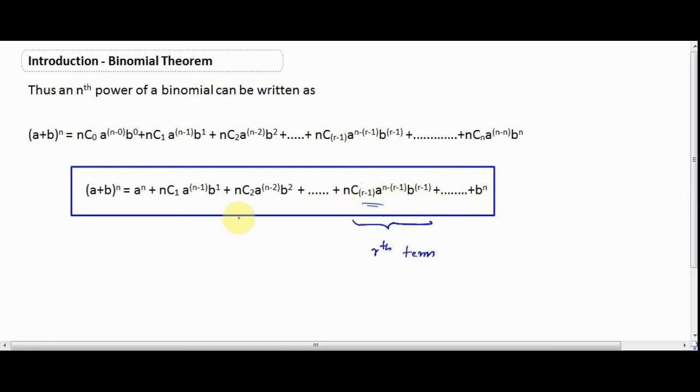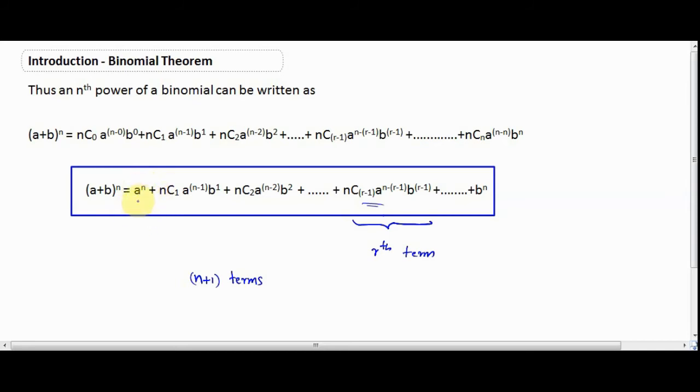Okay, now here in total we will have n plus 1 terms. Also you can see that the peculiarity of each of these terms is that the powers of a and b, when we add those two, we will get n.